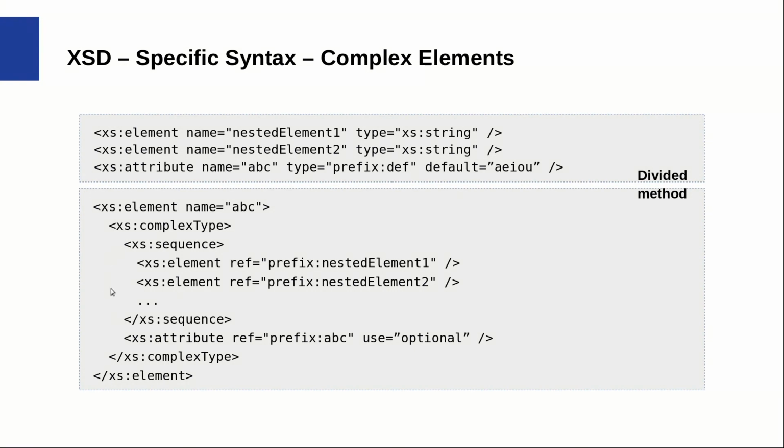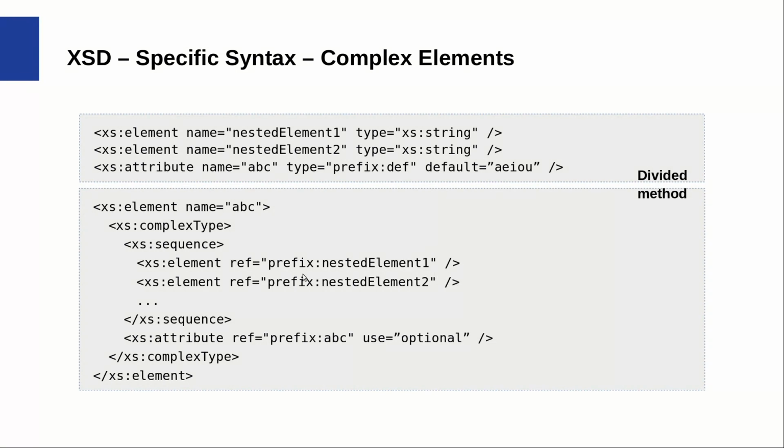And then we use an indicator element, and inside the indicator element we nest all elements that will be nested to this complex element, for example the xs:element, but only referring using the ref attribute to the already and previously globally defined elements.